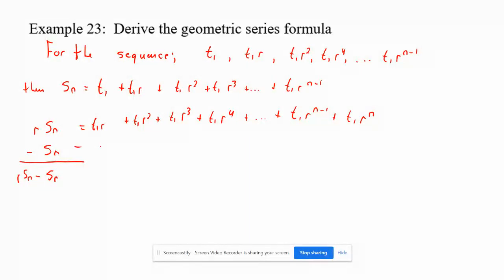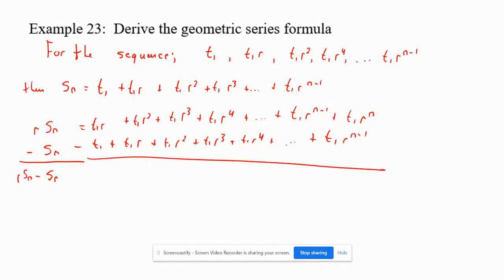Now we're going to be subtracting Sn, which is this guy listed over here again. So it's going to be T1 plus T1R plus T1R squared plus T1R cubed plus T1R to the fourth plus T1R to the n minus 1.